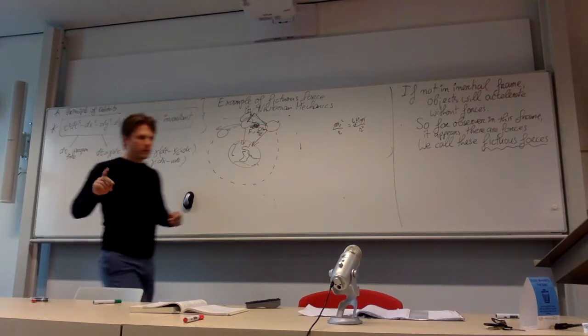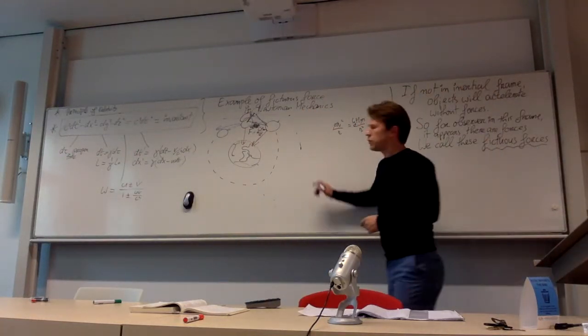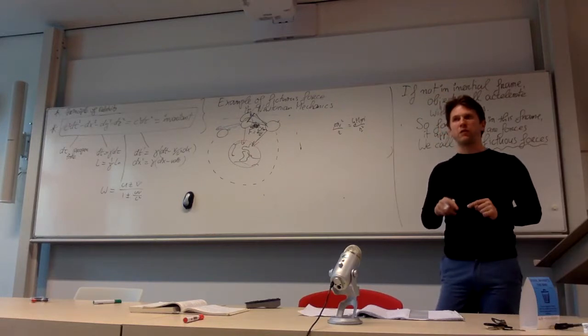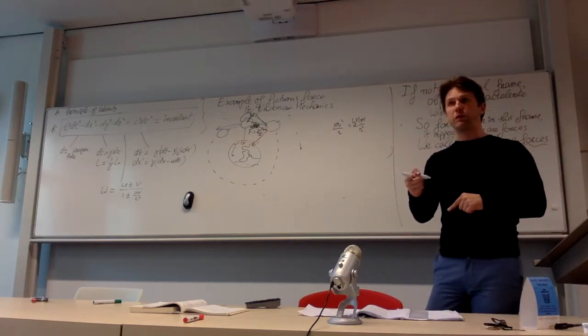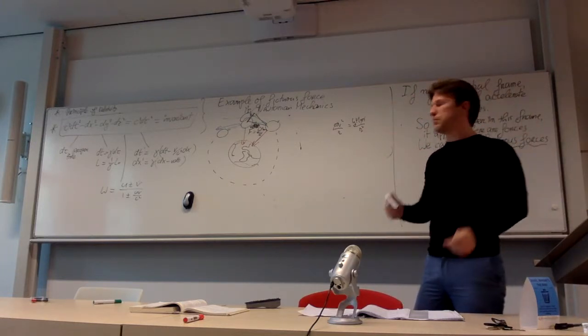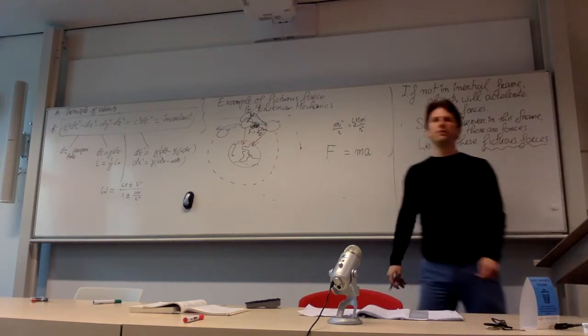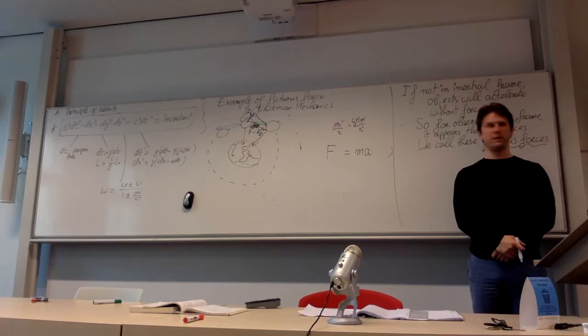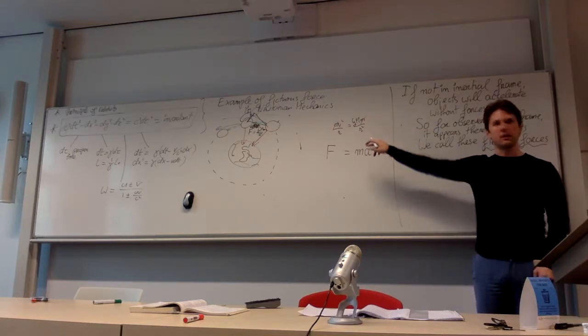Now, the point that I was making, and that's extremely important, is that once you have a fictitious force, and I hope I've now convinced you that a fictitious force always comes with the mass, and you want then to use this fictitious force in an actual physics example, in mechanics what you always do is you take this, agreed? And then you add in what the forces are that the thing feels.